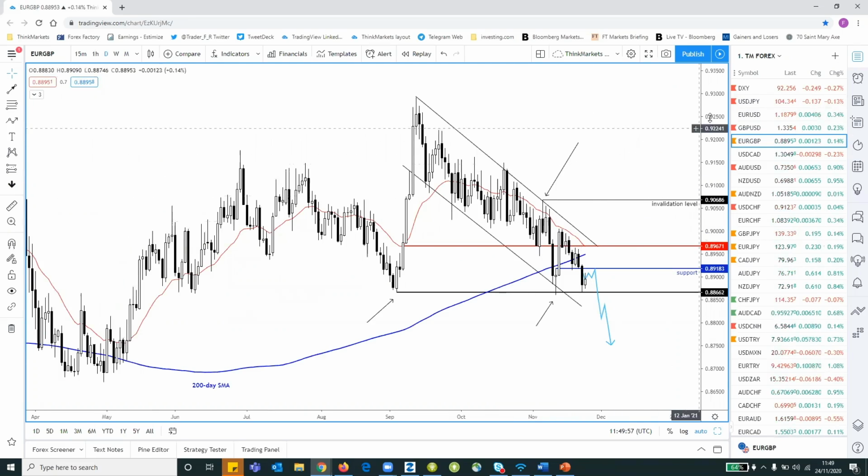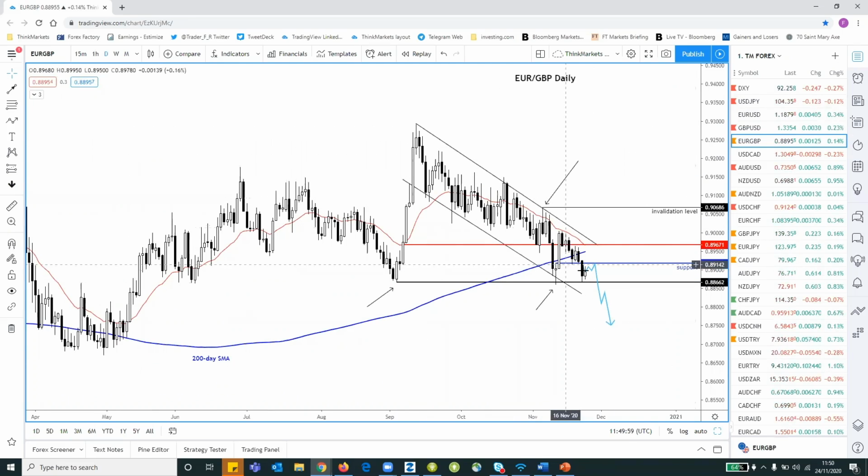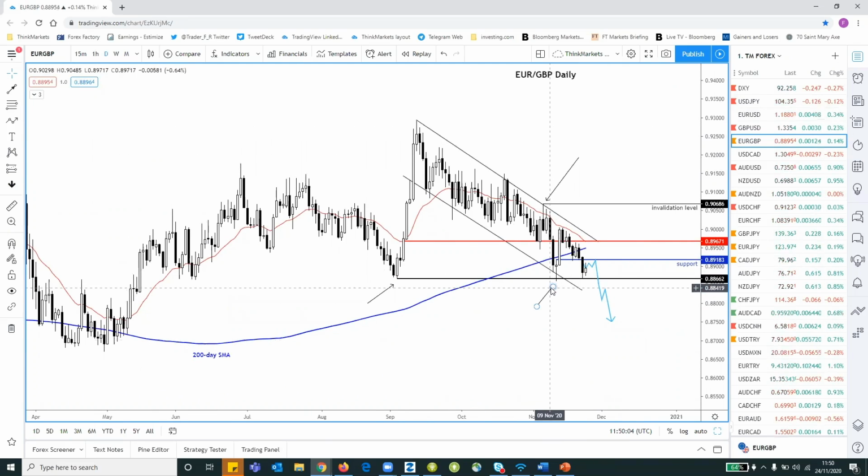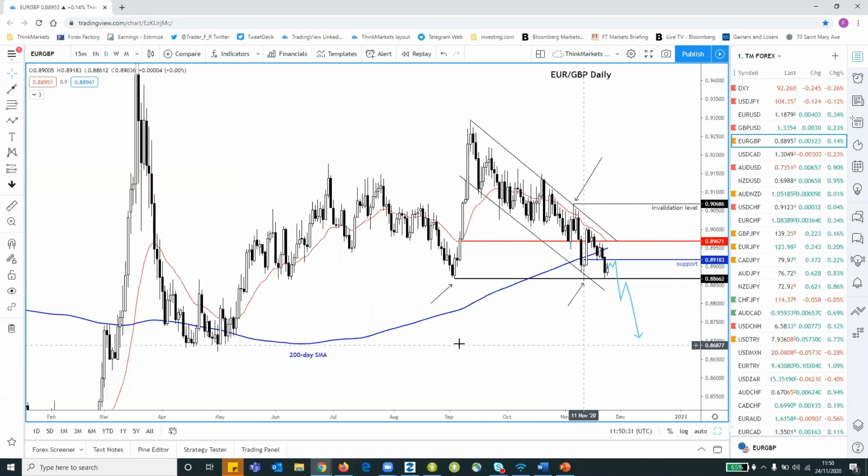So if you look at the euro pound, it has been trading lower, and I think more losses could be on the way because we are in a bearish channel, but on this particular day where the arrow is pointing, we broke the most recent low. Yes, it wasn't a clean break, but we broke that low nonetheless. So now if we go below this black line and hold below it on a daily closing basis, then any rounded retest of that level could lead to a potential drop towards 87.